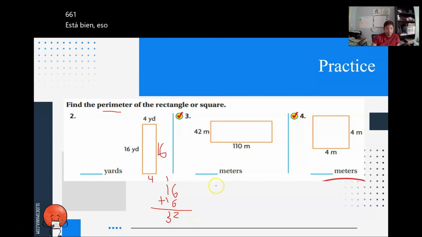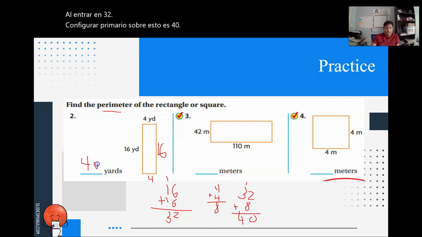And then 4 plus 4 is 8. And so 32 plus 8 is 40. So the perimeter of this is 40.